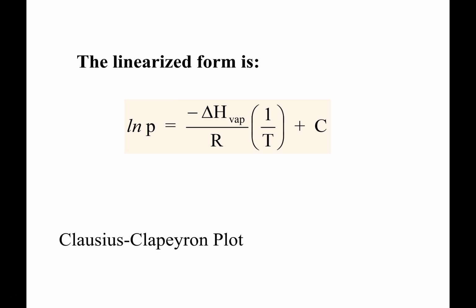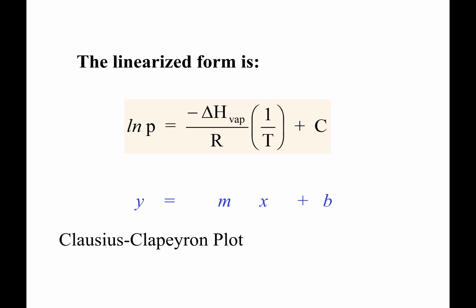Why? Because this thing right here is a constant. So, especially in Chem 2 and physical science in general, we plot things. If we plot along the y-axis the natural log of the equilibrium vapor pressure, and along the x-axis the inverse of temperature, I'm going to show you what a Clausius-Clapeyron plot looks like. So along the y, we have ln of P, natural log of P. Now remember, that's equilibrium vapor pressure.